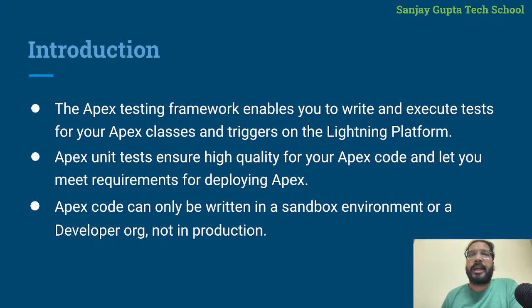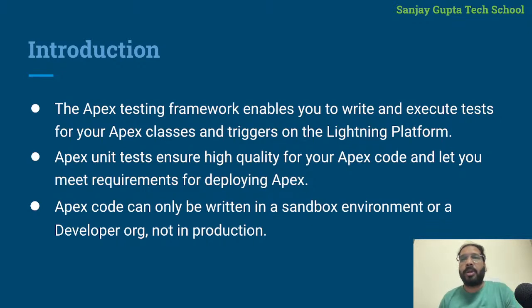Apex code can only be written in a sandbox environment or a developer org. Right now the org which we are using is a developer org. But when you work on a real-time project, in companies they will have a production environment, and a sandbox is basically a copy of the production.